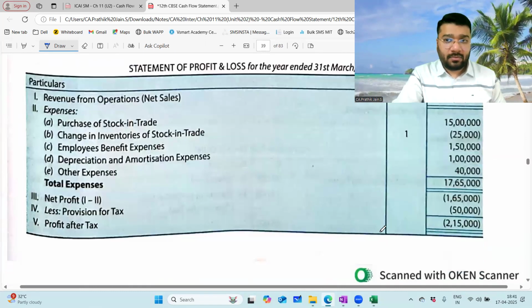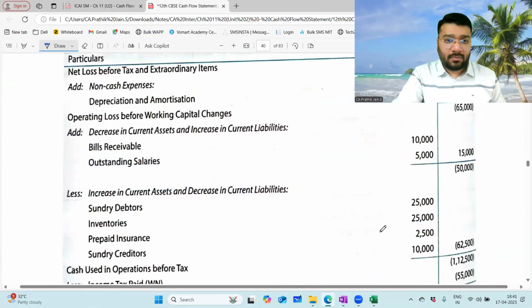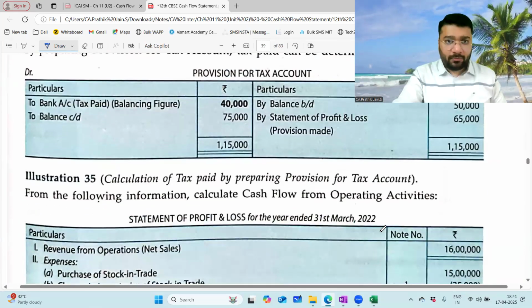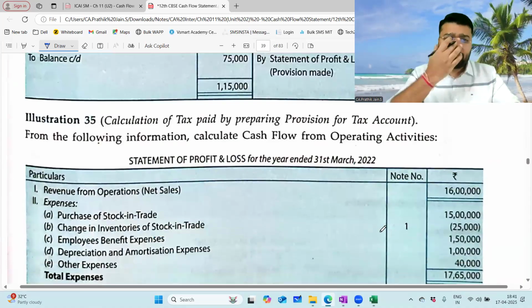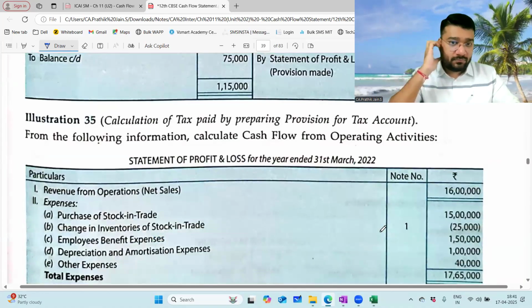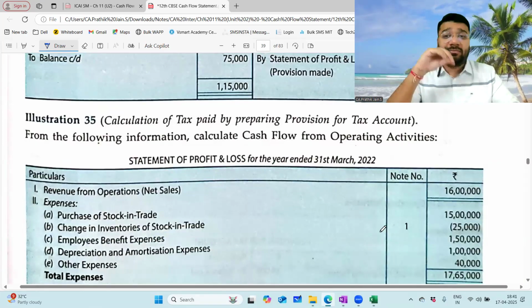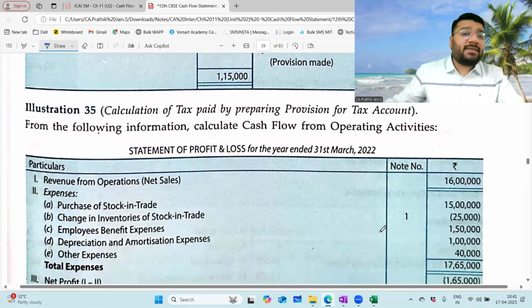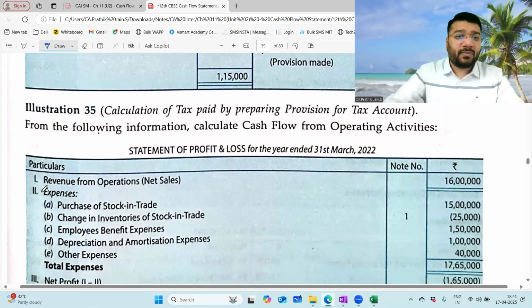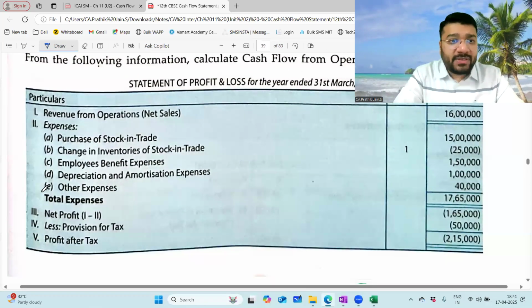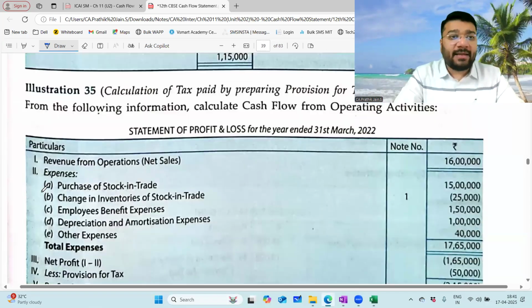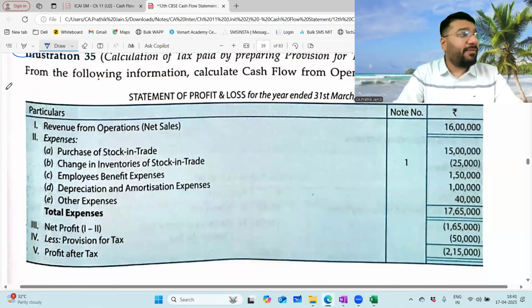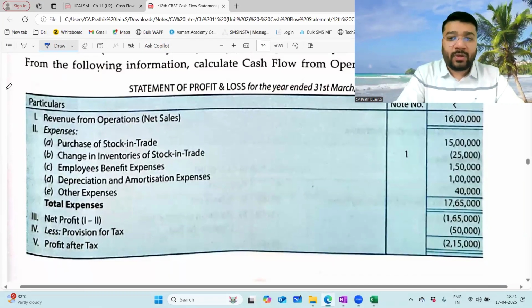It's 35 actually, sorry. In my textbook it is 34, here it is 35. Maybe they have taken this from the current year edition PDF. I think this PDF is of the 2025 edition, the current edition I'm using, but the book I have is the 24 edition. One second. Okay.